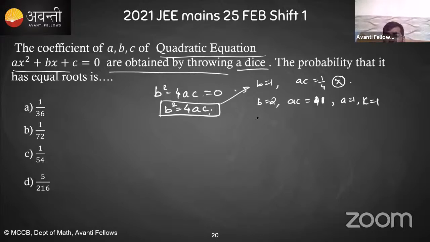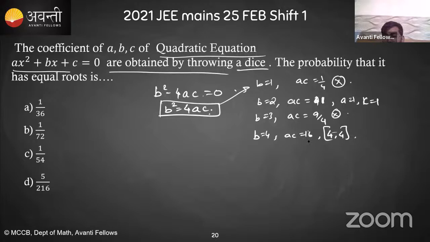When b value is 3, ac value comes out to be 9 by 4, which is again not possible. But when b value is 4, ac value comes out to be 16, so 16 is possible for 4 into 4.